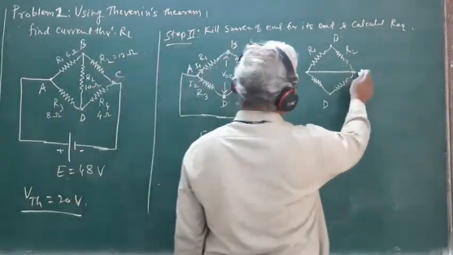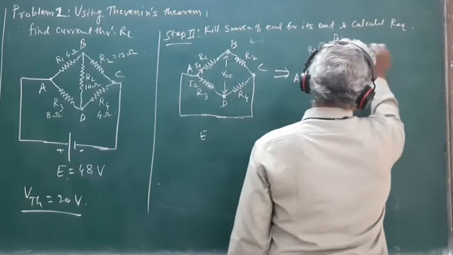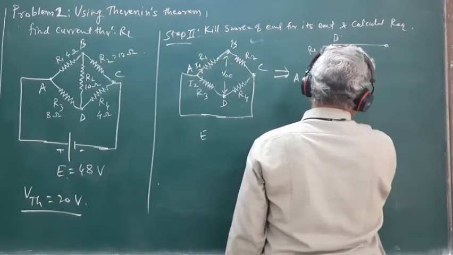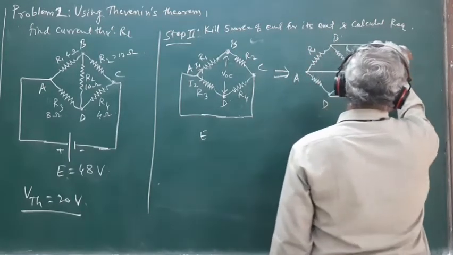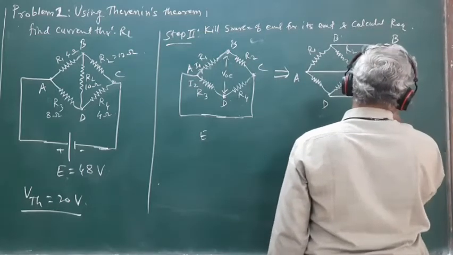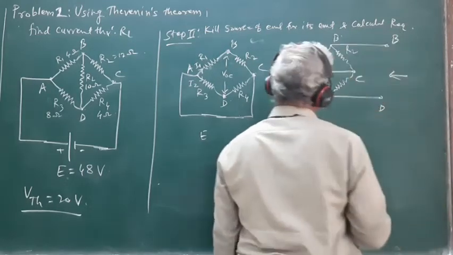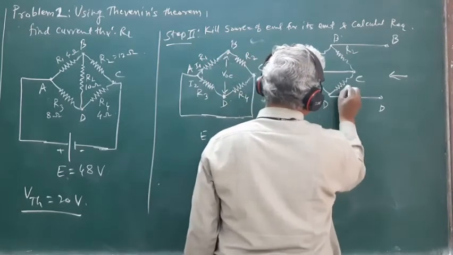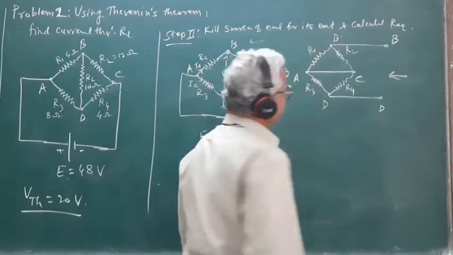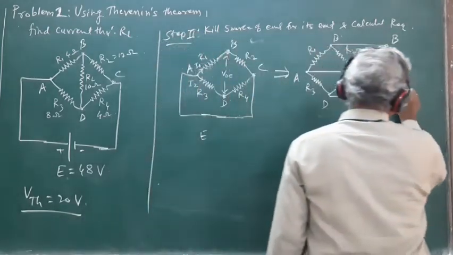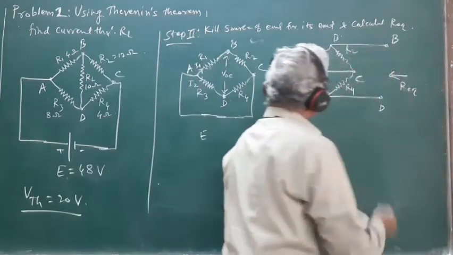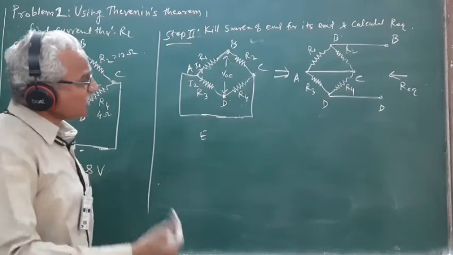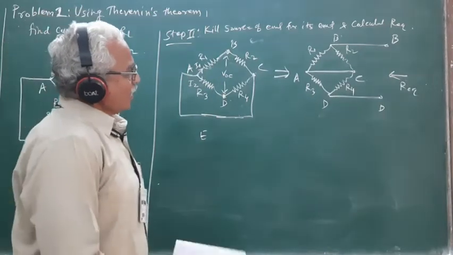So A and C are short circuited, and when this network is viewed backwards from the terminals B and D, what is the resistance of this network? That is the value of R equivalent. So what do we observe here?